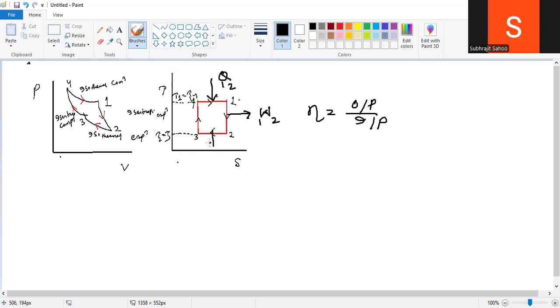Here heat will be rejected in the condenser, Q2 to 3. And here work will be given to the pump, W3 to 4.